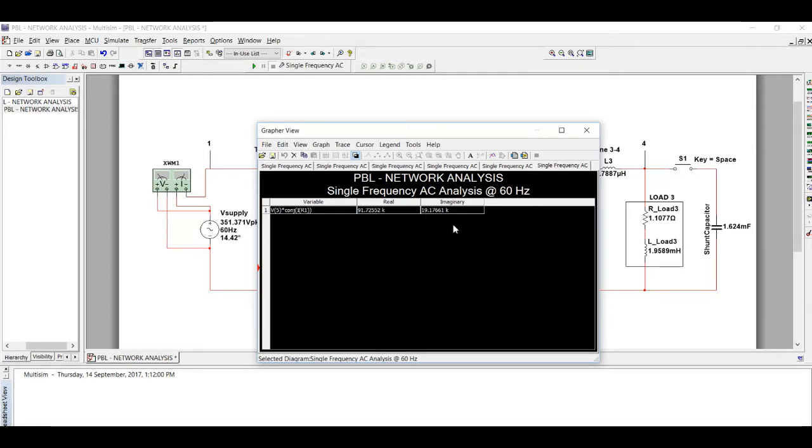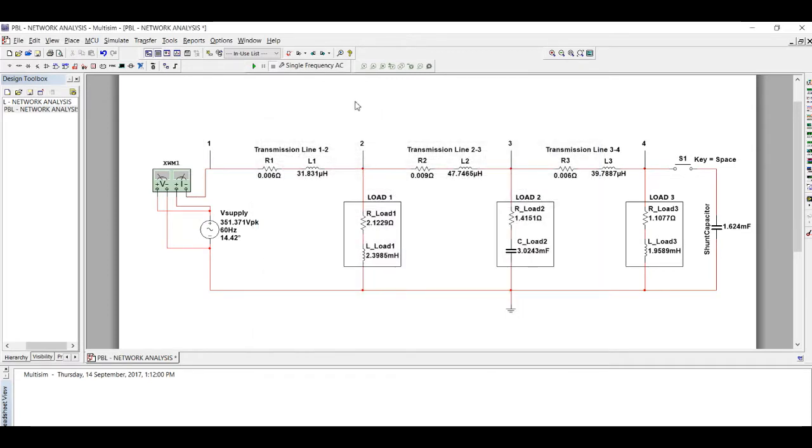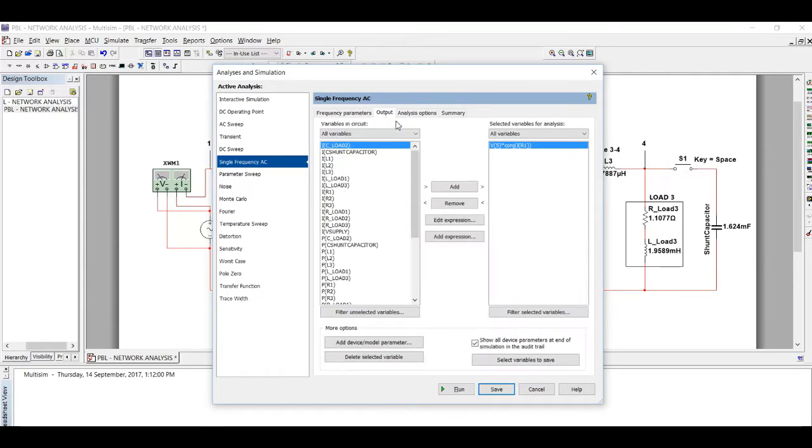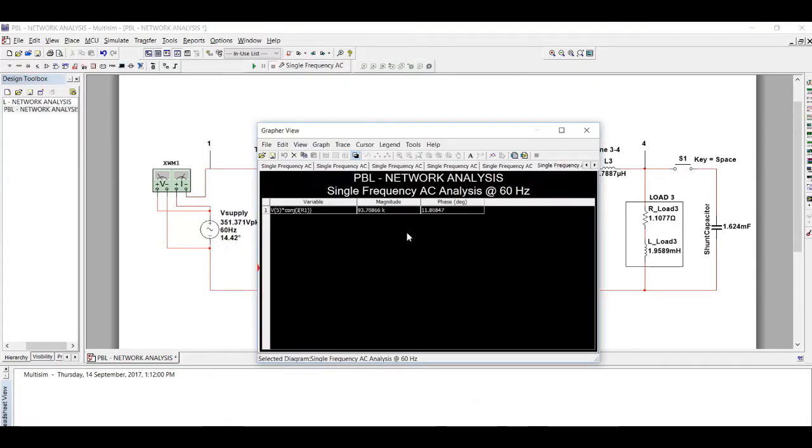From the values that we obtain, we can observe that the imaginary value, which is the reactive power of the system, is positive. Therefore, the system is a lagging system. To measure the apparent power, we simply change the complex number format from real and imaginary to magnitude and phase.